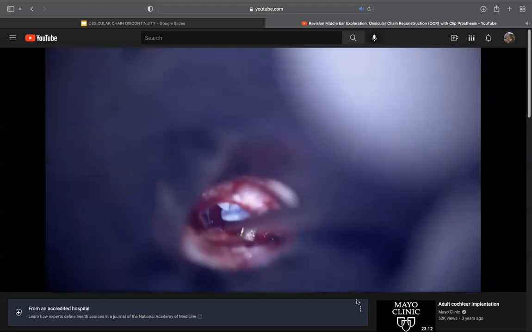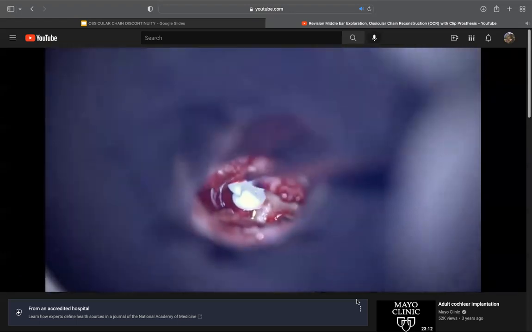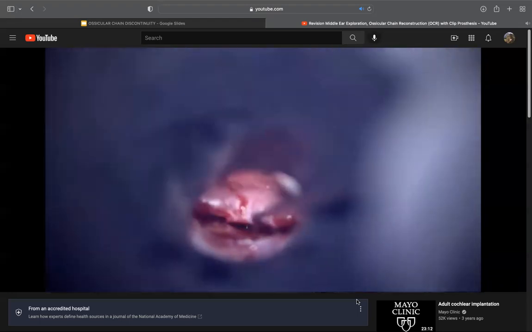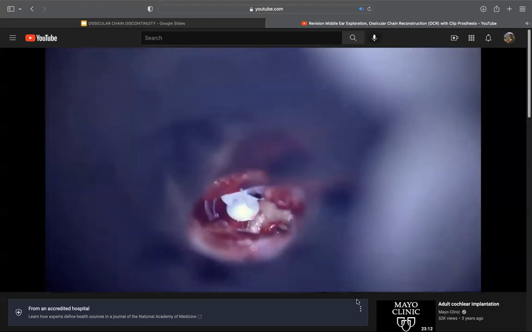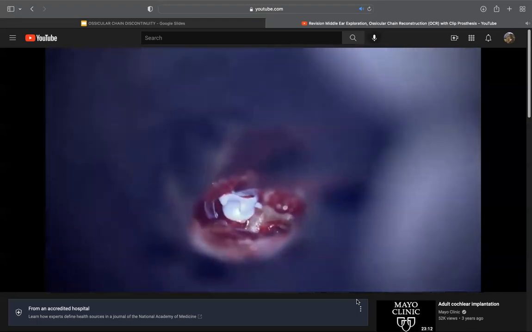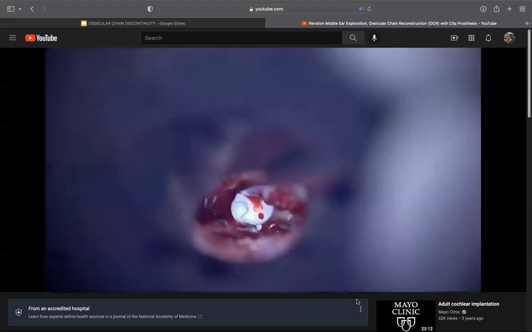You can have a severely malformed or eroded superstructure, and that also makes it less conducive to using one of these clip prostheses. In this case, I sized the gap between the tympanic membrane, the cartilage, and the superstructure, and based on that size, I placed a prosthesis. When you're introducing these prostheses, you have to be very careful not to bump the sides of the speculum or something else with the prosthesis because you can bend the legs on it and make it more difficult to place.